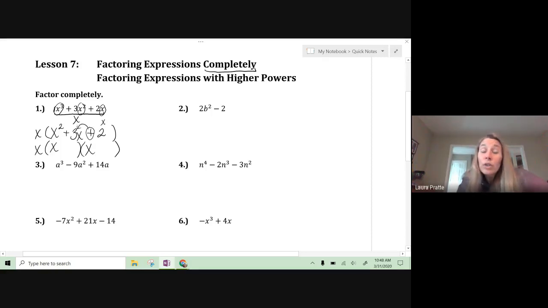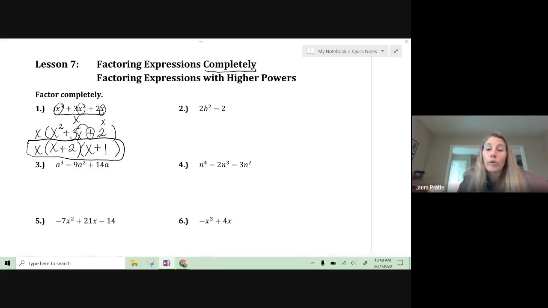So the only factors of 2 are 2 times 1, and positive 2 and positive 1 add up to 3, and they multiply to get 2. So this would be our complete factorization of that trinomial.